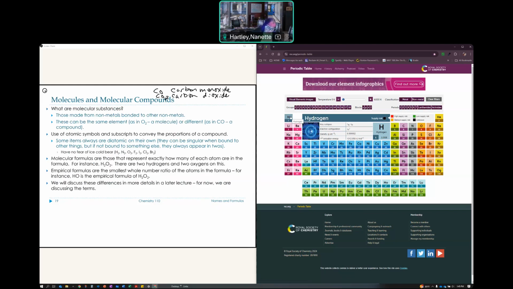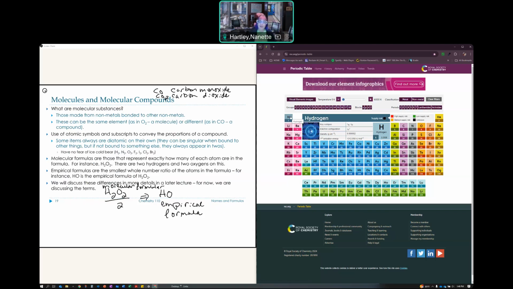And so if I take my H2O2 and divide that by 2, that reduces to HO, and so this is an empirical formula because it represents the smallest whole number ratio of the hydrogen and the oxygen. And of course, that means that this is a molecular formula.